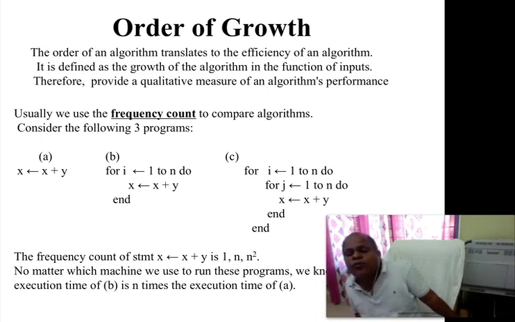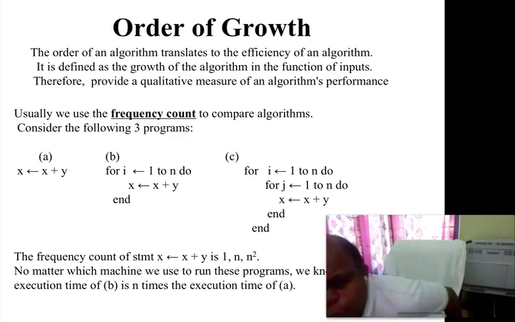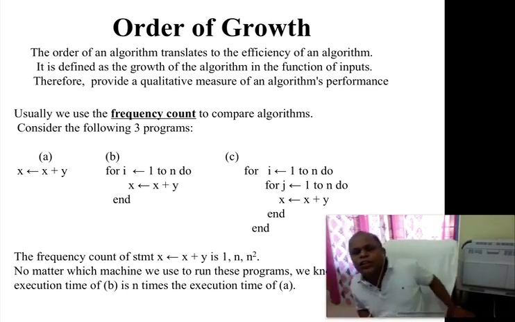Hence, the order of an algorithm is how the algorithm grows as the size of the input grows. Hence, the order of an algorithm translates the efficiency of an algorithm. It is defined as the growth of an algorithm as a function of inputs, and hence it is a qualitative measure of an algorithm's performance. Let us consider three examples here.